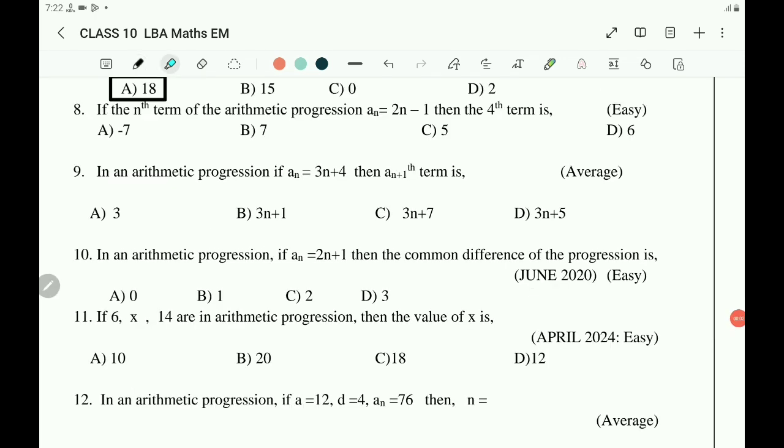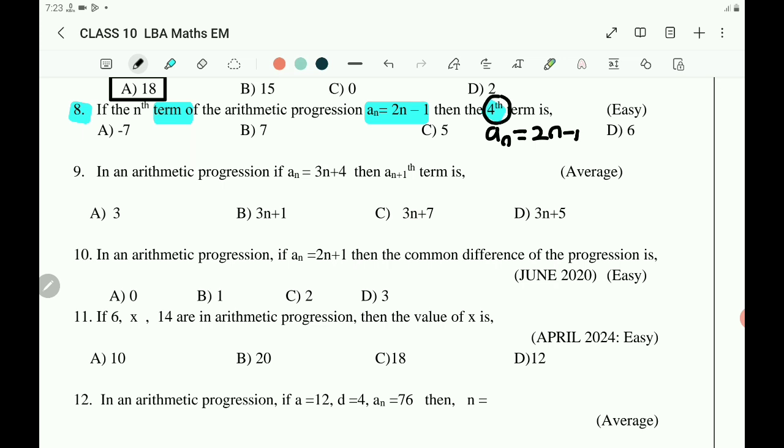Question number 8. If the nth term of an arithmetic progression is an equals 2n minus 1, then the fourth term is. What we have to find out? Fourth term. Then as usual method, you write an equals 2n minus 1.